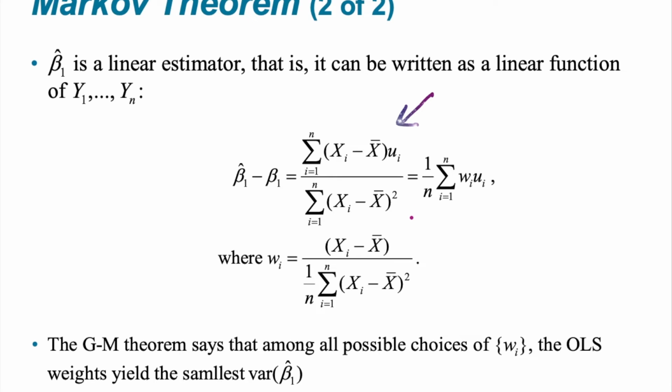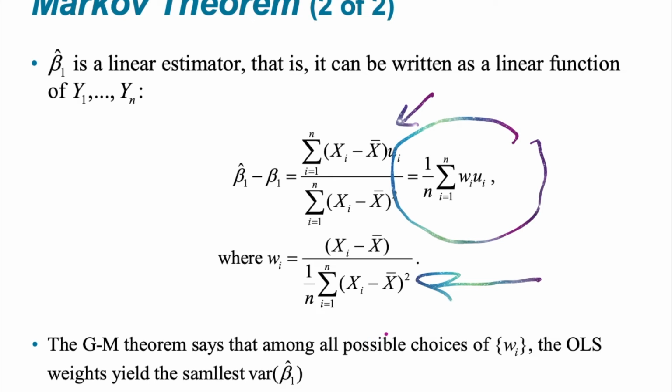We can rewrite this as 1 over n times the sum from i equals 1 to n of wi times ui, where wi is equal to that. So beta 1 hat is linear in y.